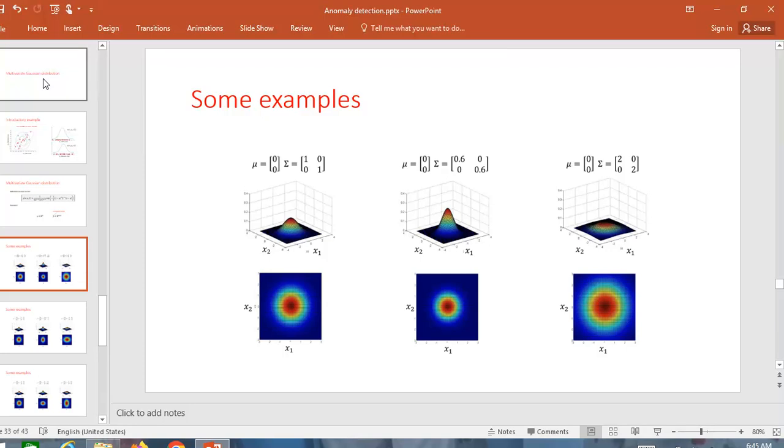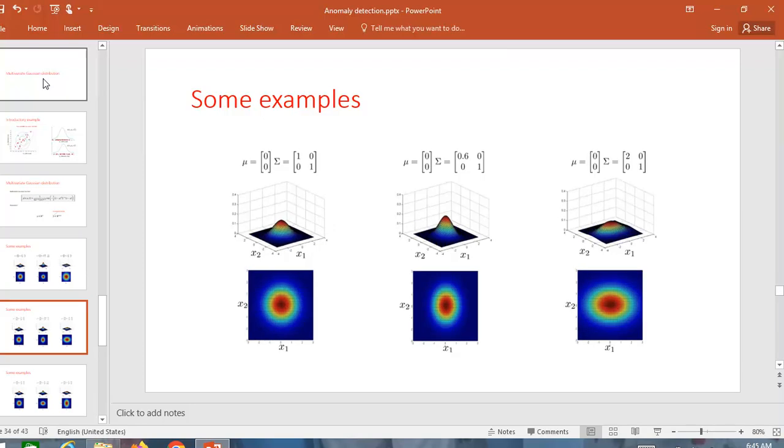We have considered the correlation to be 0. We have only changed the scatters. You can see that as the dispersion gets smaller, the graph gets sharper. This is the dispersion, the standard deviation.